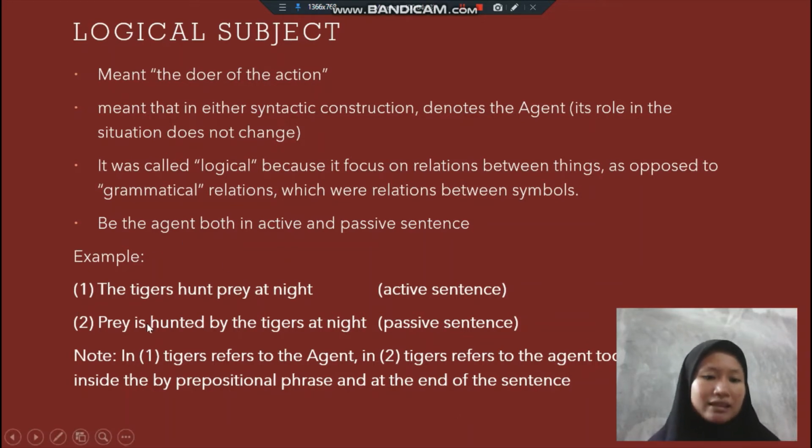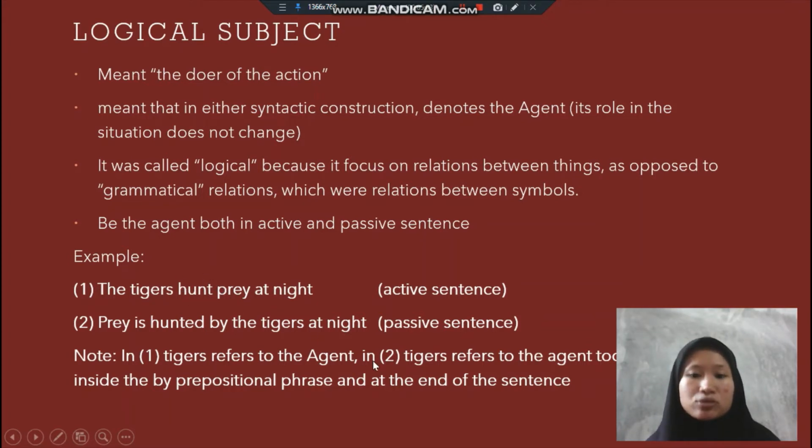Let's look at the example. There are two sentences here. The first is the tigers hunt prey at night. The second sentence, prey is hunted by the tigers at night. The first sentence is an active sentence and the second is a passive sentence. In sentence 1, the tigers refers to the agent or the doer of the verb hunt.